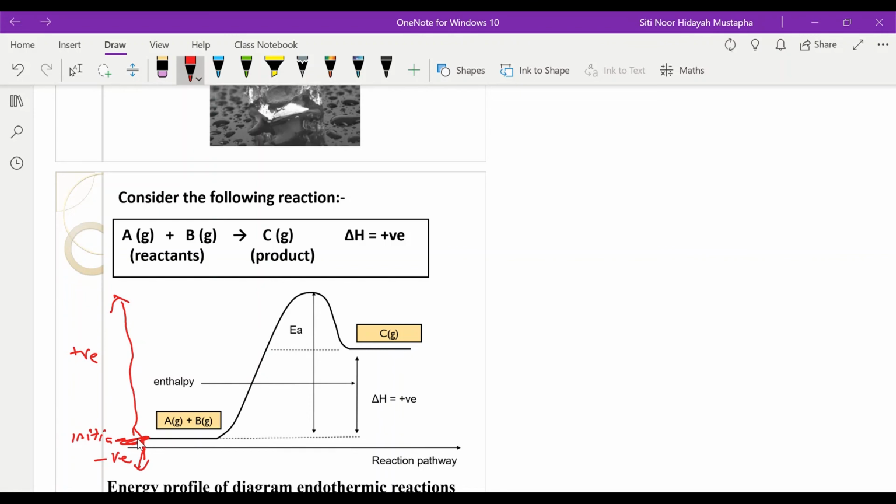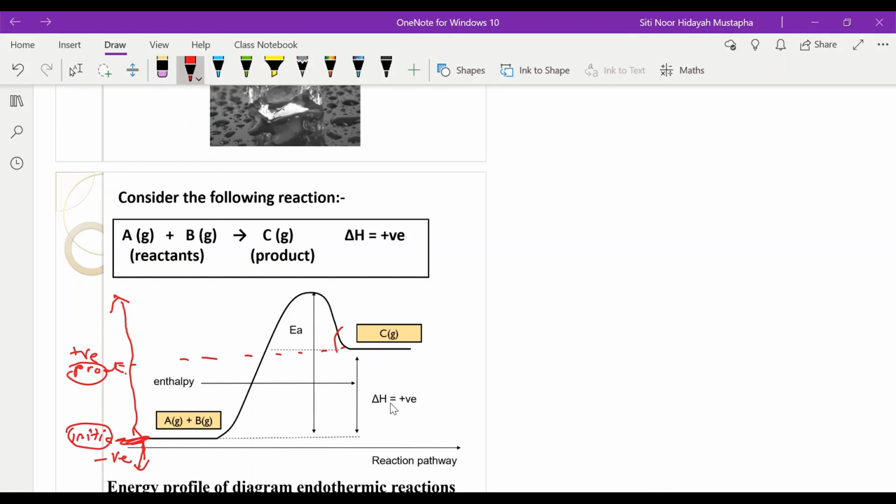Now it starts from here, and then you have activation energy, and then you have a product over here. This is your product. From the product enthalpy to the initial enthalpy will be your delta H, the difference for this overall reaction.